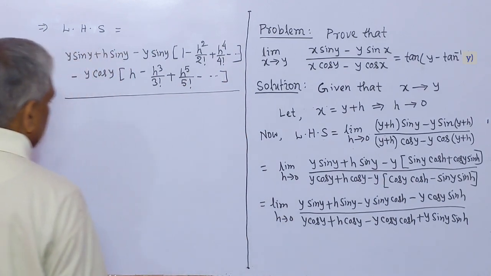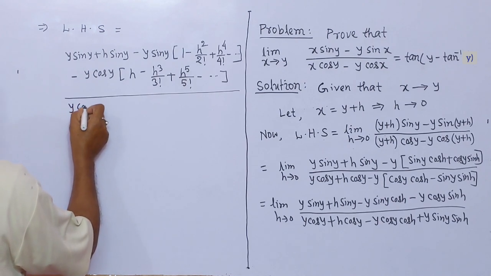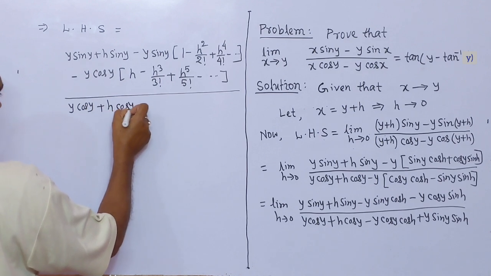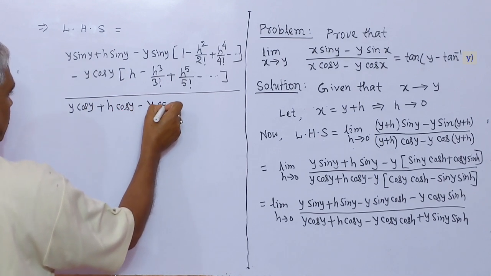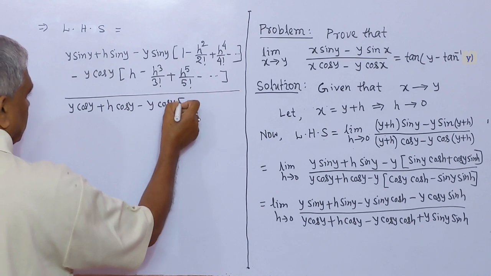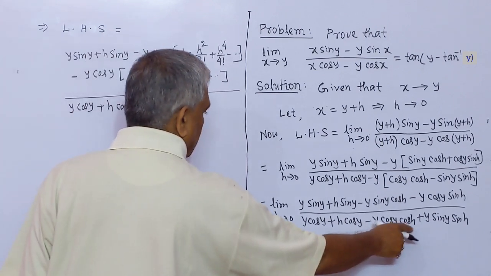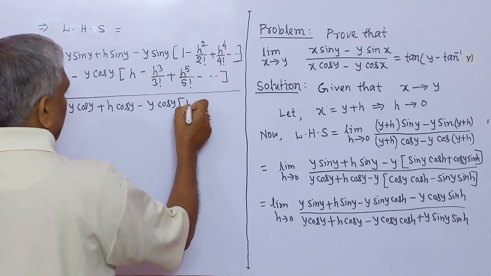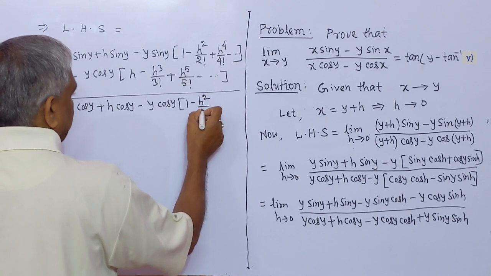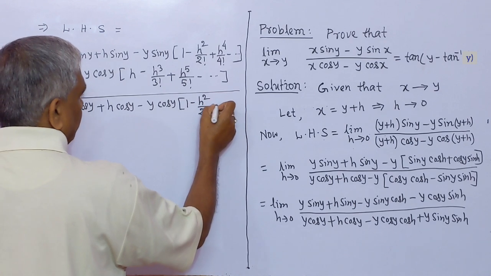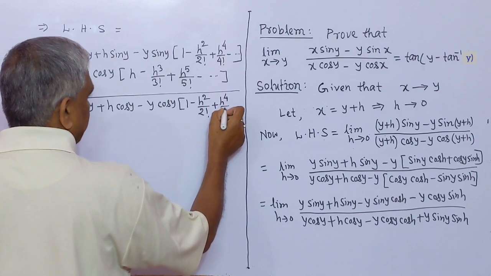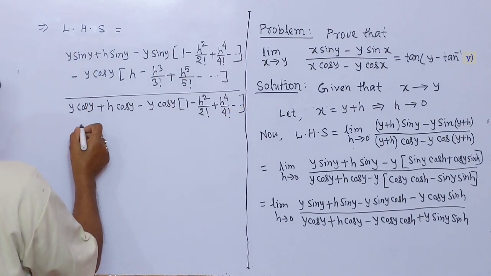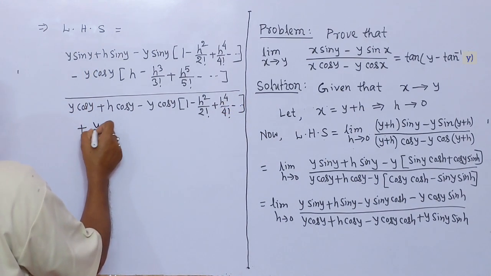Here we have y cos y plus h cos y minus y cos y. We expand cos h in powers of h. 1 minus h square by factorial 2 plus h to the power 4 by factorial 4 minus dot dot dot, plus y sin y.